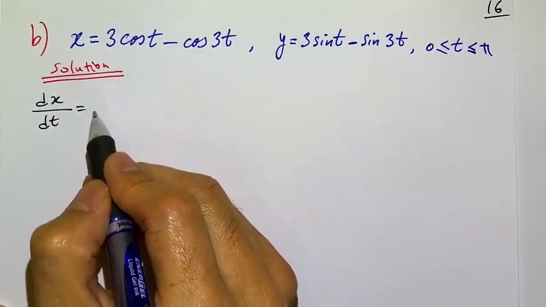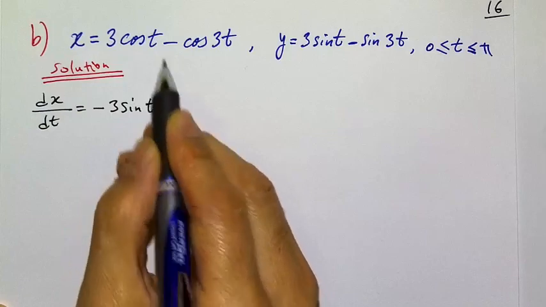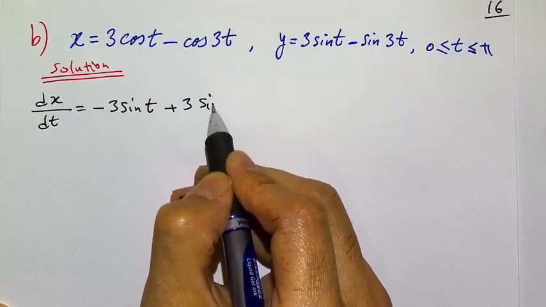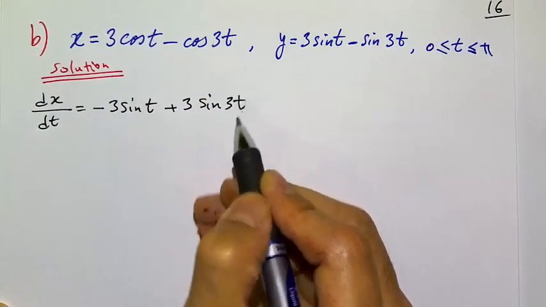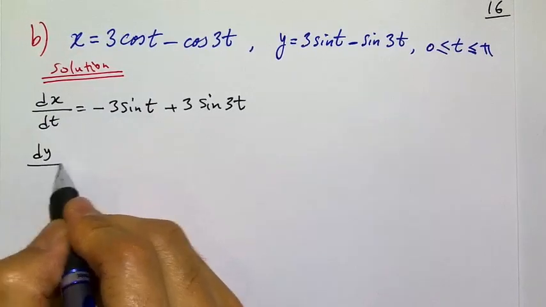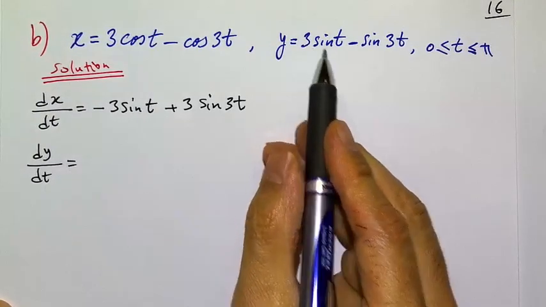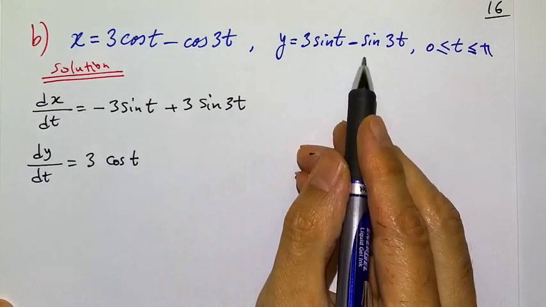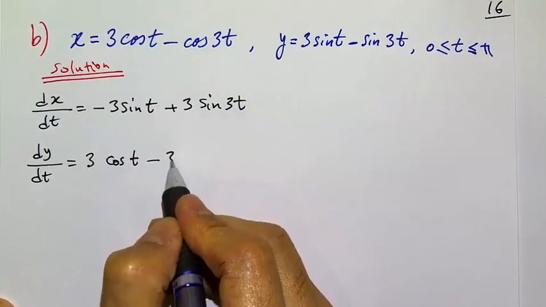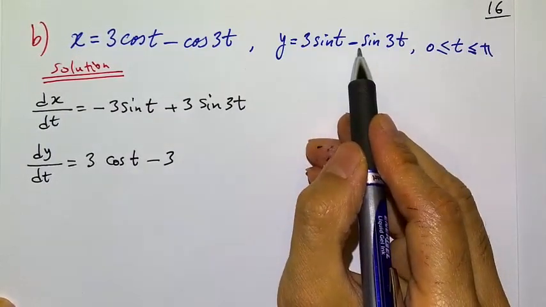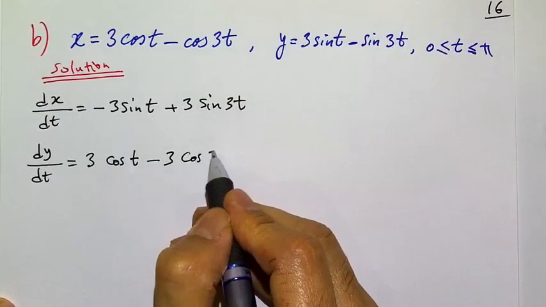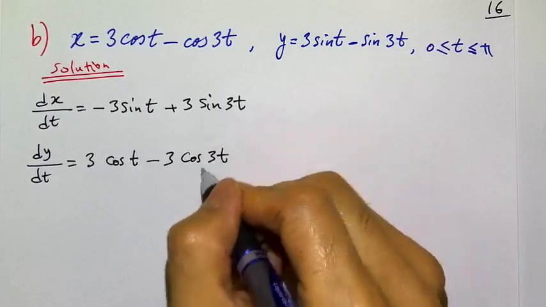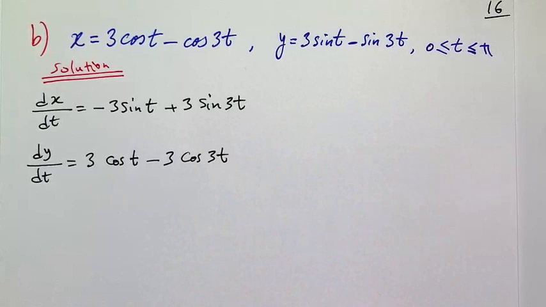And this would be just minus 3 times sine of t, and then plus 3 sine of 3t this time. Okay, and dy dt would be 3 times cosine of t, and then minus 3 by the chain rule times cosine of 3t. If you want, you can put these in parentheses because that's the argument of the function.